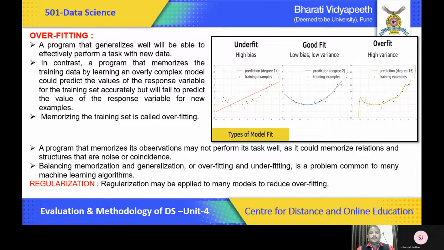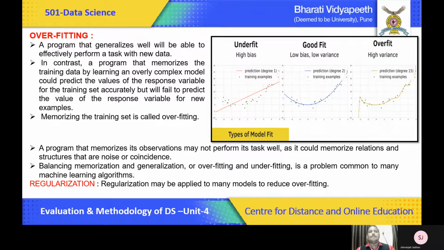In contrast, a program that memorizes the training data by learning an overly complex model could predict the value of the response variable for the training set accurately, but will fail to predict the value of the response variable for new examples.